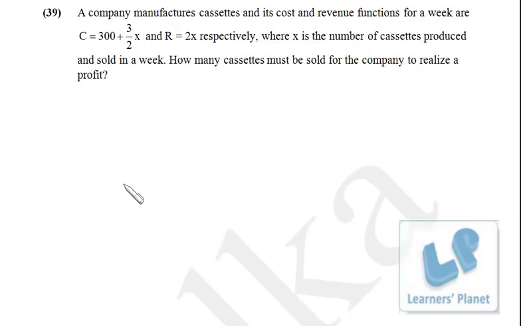Now this is an interesting question, an application of linear inequation. A company manufactures cassettes and its cost and revenue functions for a week are this respectively, where x is the number of cassettes produced and sold in a week. How many cassettes must be sold for a company to realize a profit? Now what is profit?